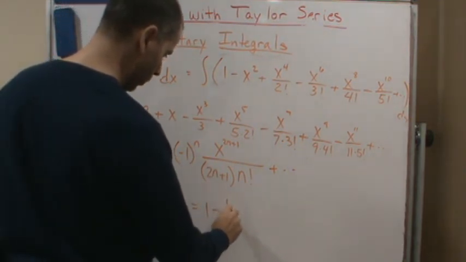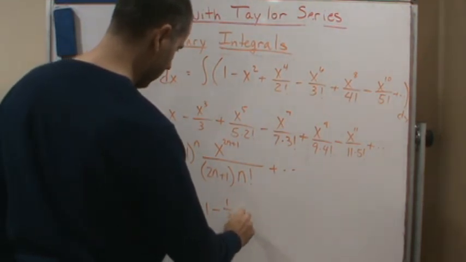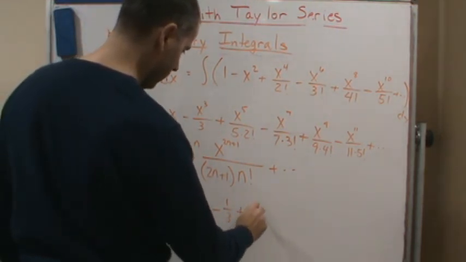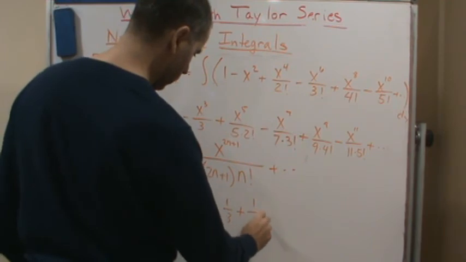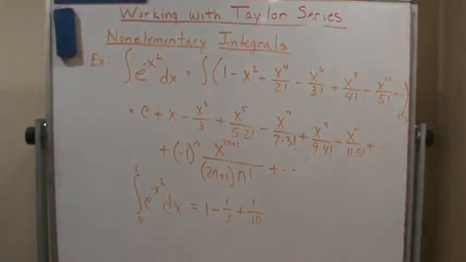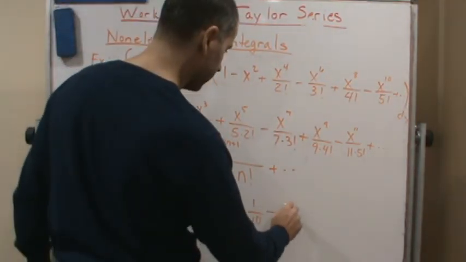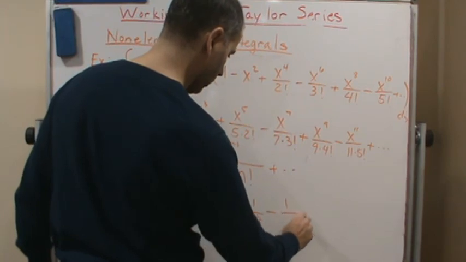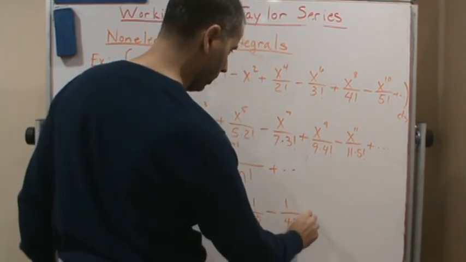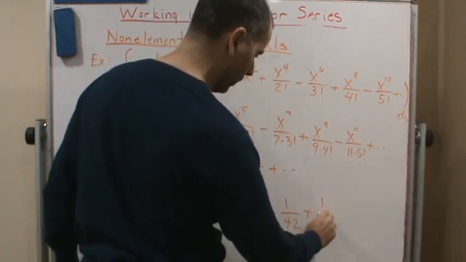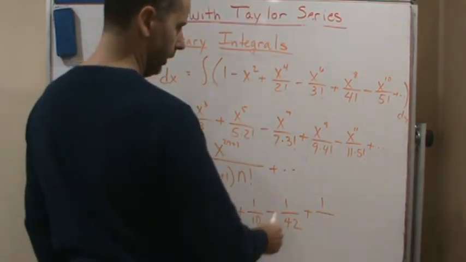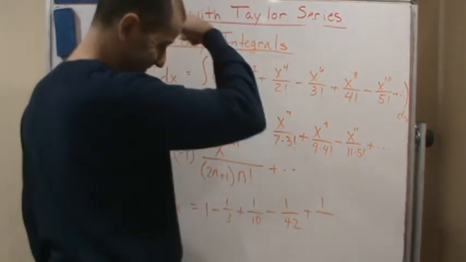So that means we can just plug in 1 for x, and this reduces to 1 minus 1/3 plus 1/10 minus 1/42 plus 1 over, this is going to be 24, is that right?